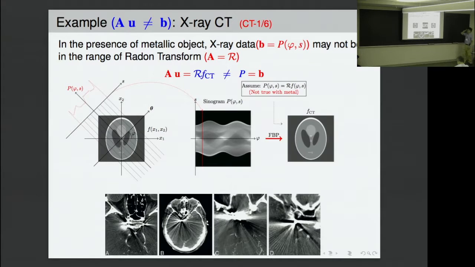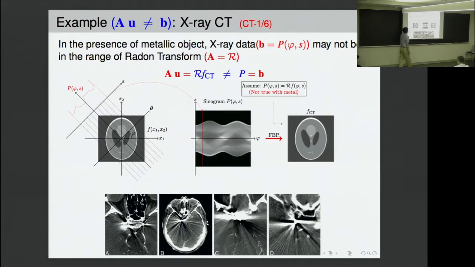Okay, let us start with the easiest thing. Maybe this could be a forward inverse problem, X-ray CT. Let's look at it: A is the Radon transform, and U is the tomographic image.